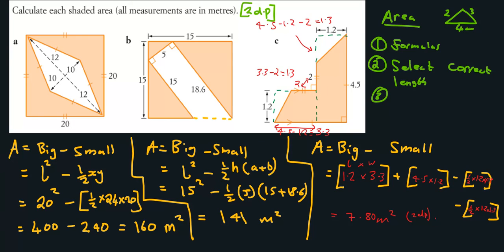The 4 here is going to be the base, but we need the perpendicular height. These numbers will be used for calculating the perimeter. We haven't got the perpendicular height there. So for area calculation, it's formulas. Select the correct length, then units and degree of accuracy.